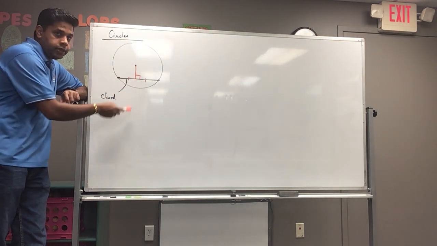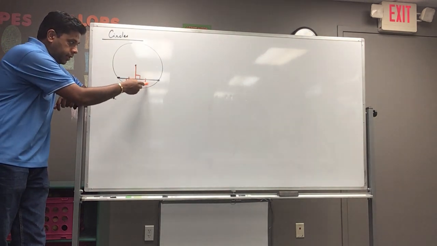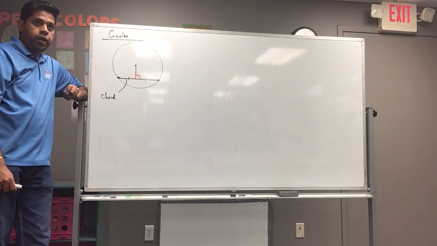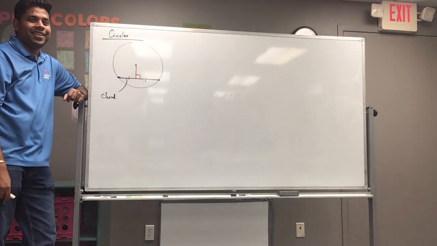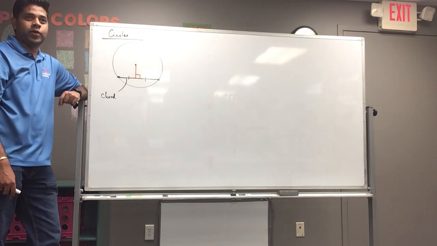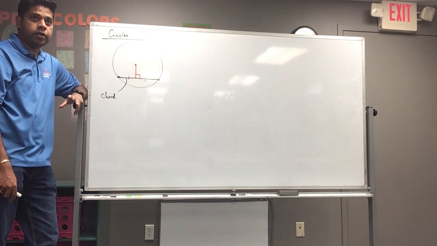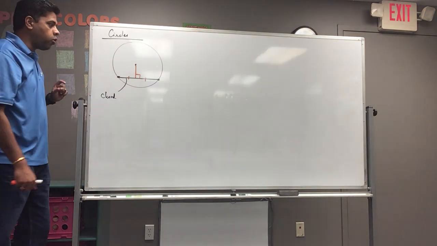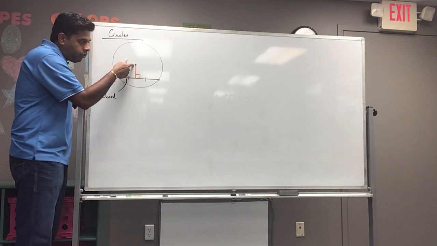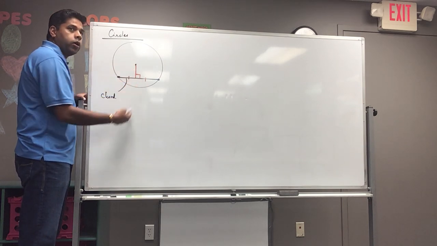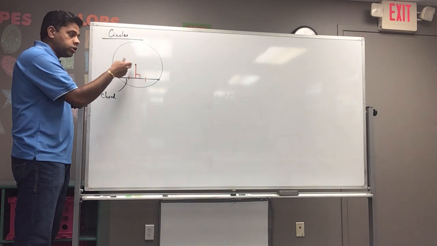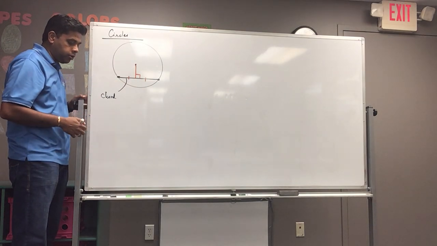It's at 90 degrees and it's bisecting this line. Chord bisector. Good try. This is a perpendicular bisector. Heard that term? So the first rule to remember in chords is that a line drawn from the center point to the chord at 90 degrees bisects the chord. So this line becomes a perpendicular bisector.